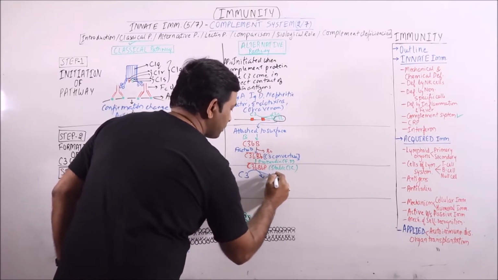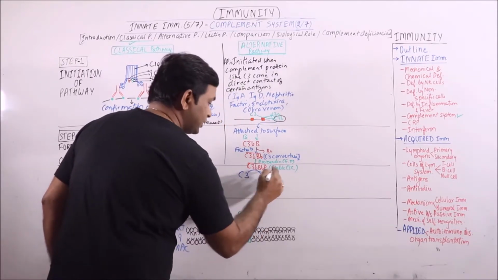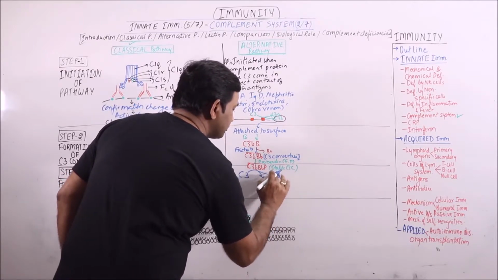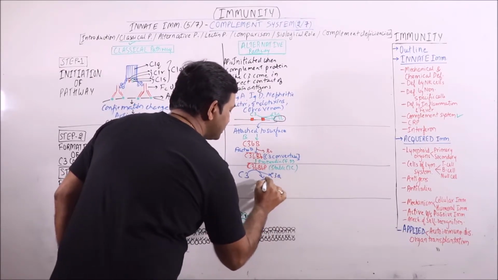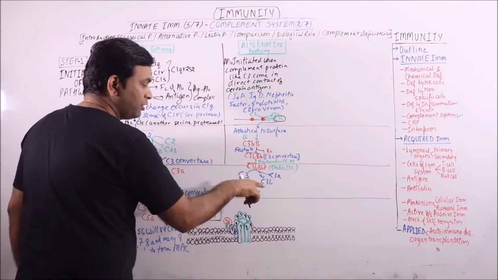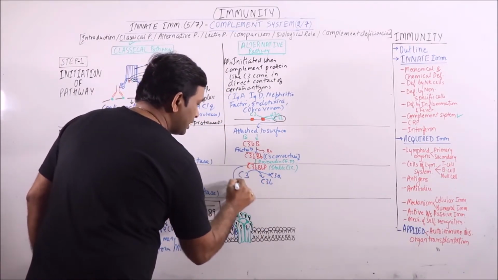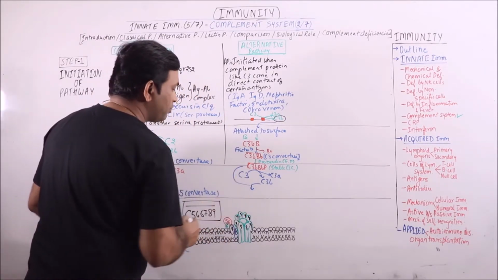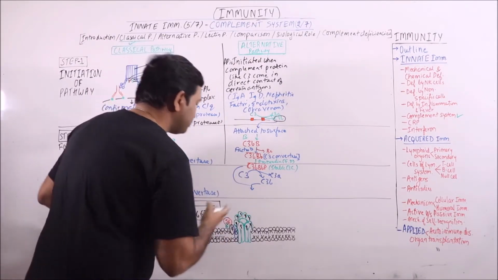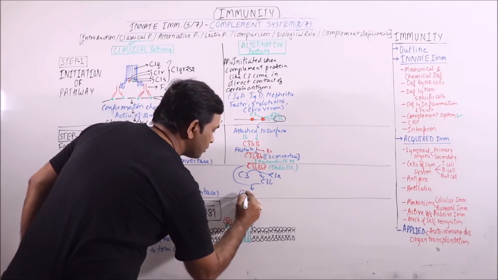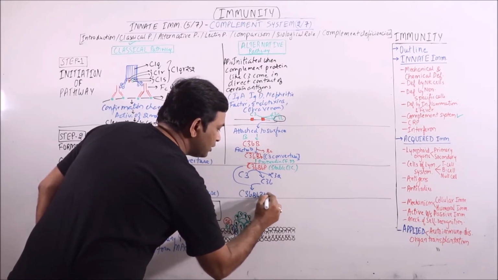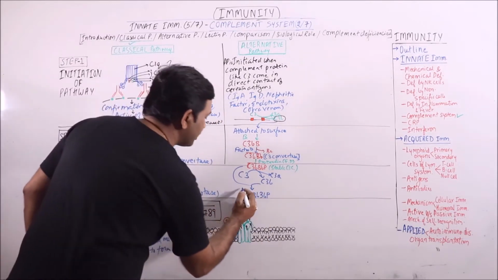Now when C3 convertase is formed, it will result in lysis of C3. Another molecule of C3 will be lysed and C3A will be released, while C3B will be formed, which will combine with the C3B Bb P complex to form C3B Bb, another C3B, properdin complex.